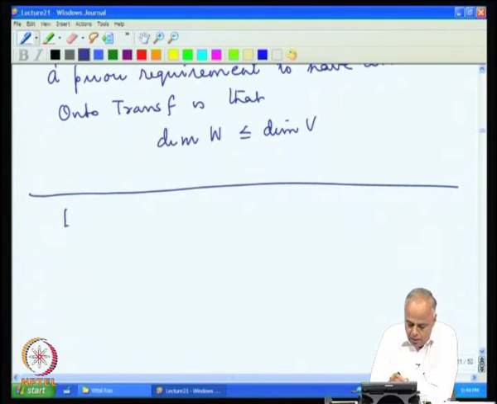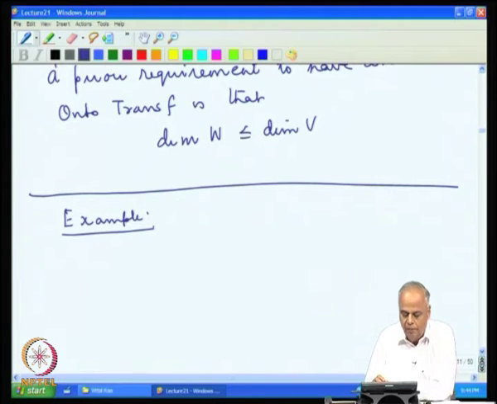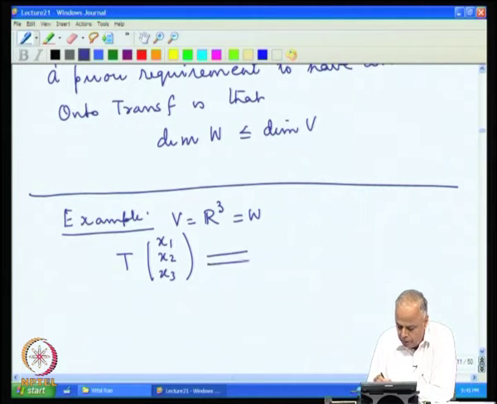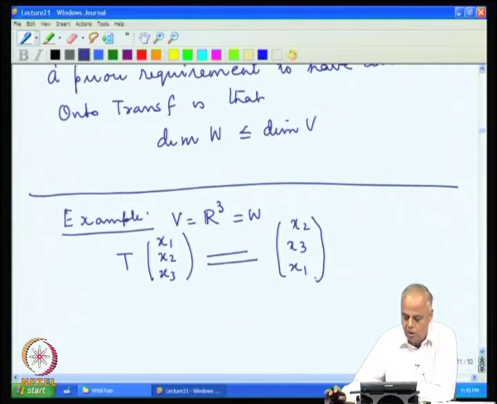Now, let us look at a simple example. Let us consider the first example we had for 1-1 transformation again. So, we have V equal to R^3 and we take W also R^3 and we define T as (x1, x2, x3) going to the vector (x2, x3, x1), a permutation of the coordinates.